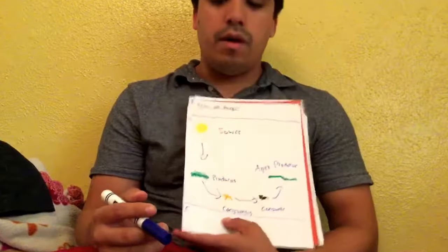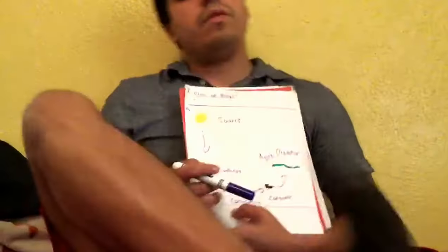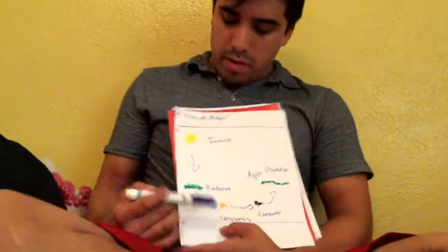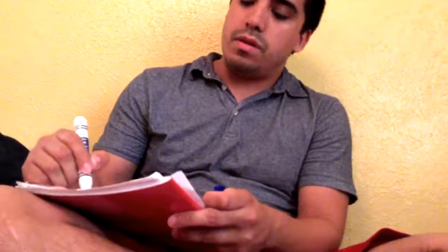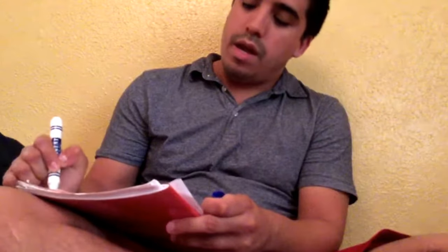Okay? Alright, so now that we've looked at this and we've drawn our flow chart, what do we think we can say about the flow of energy? Let's say, we can maybe say the flow of energy is when energy is exchanged between organisms. And how is it exchanged?